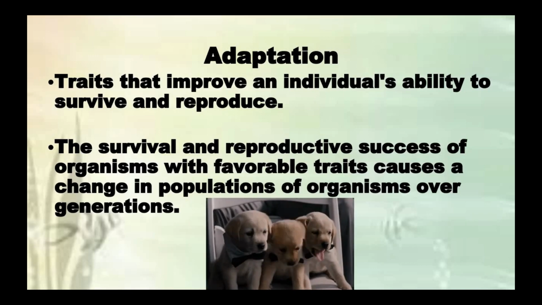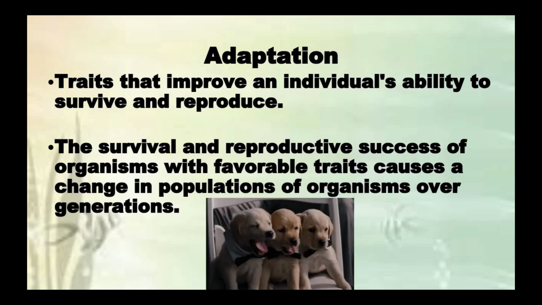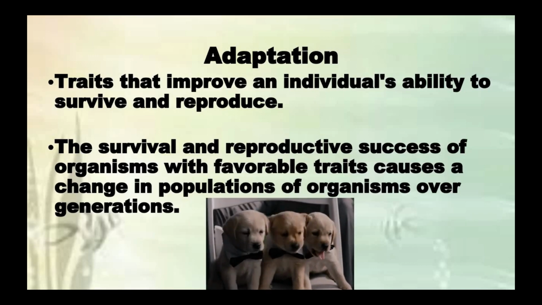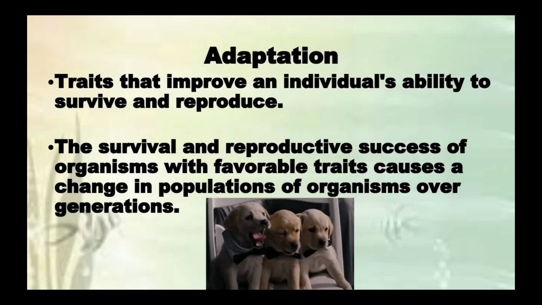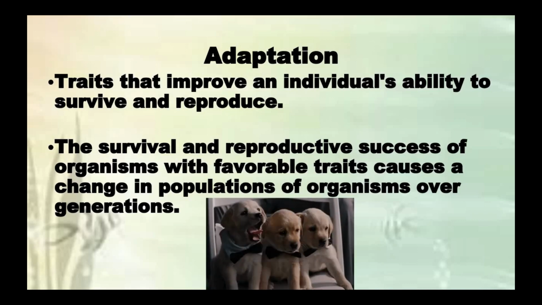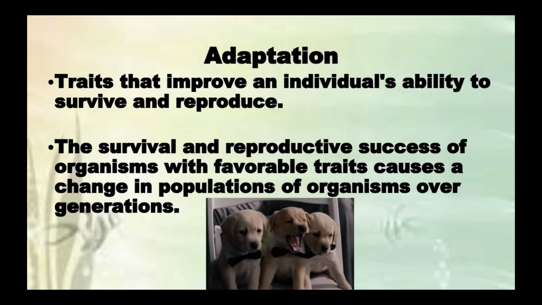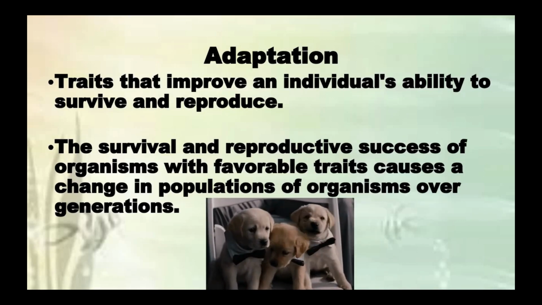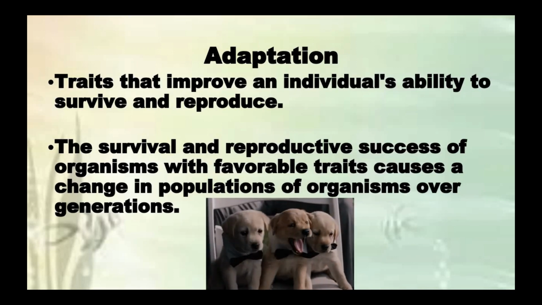So an adaptation is an ability of an organism to change to be able to survive better in an area and also to then be able to reproduce, because the ability to reproduce is going to allow them to keep their generations continuing.